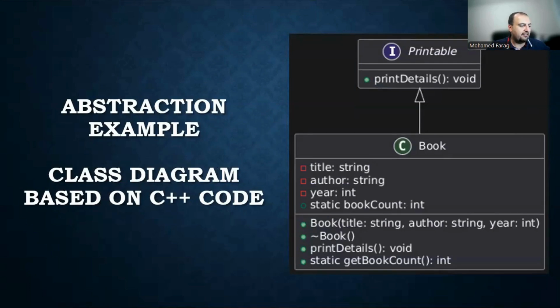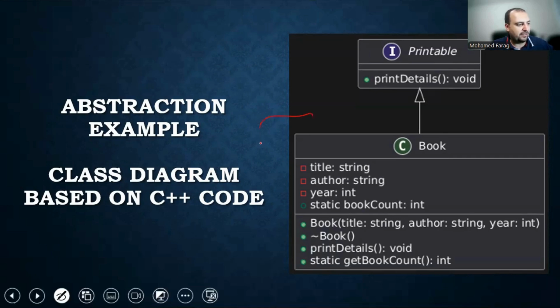Now let's take a look at our example here. We have been dealing with the book class since the beginning of this course. Now let's talk about a scenario where our book is considered to be a printable document.